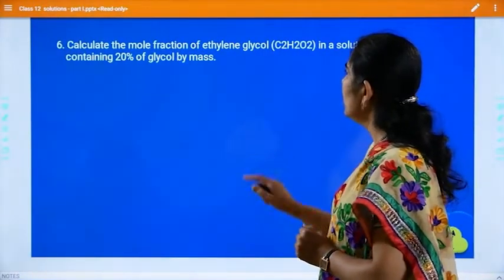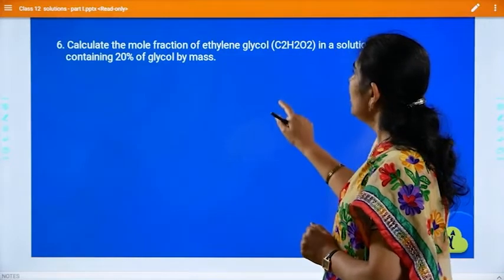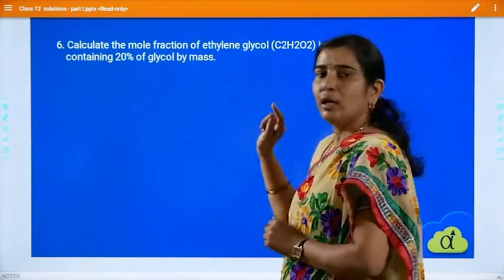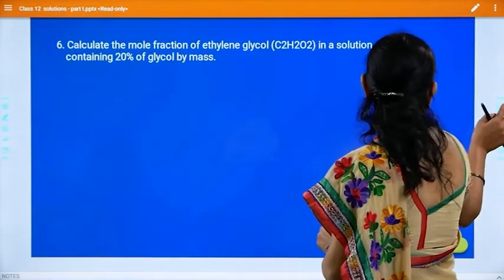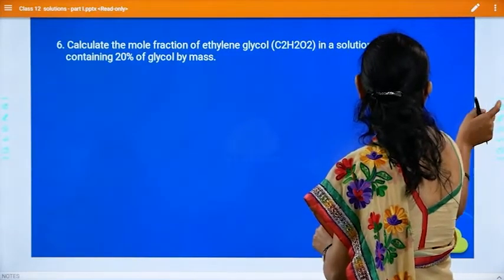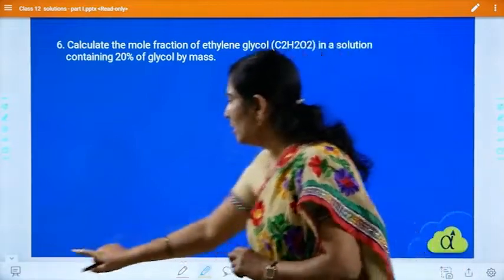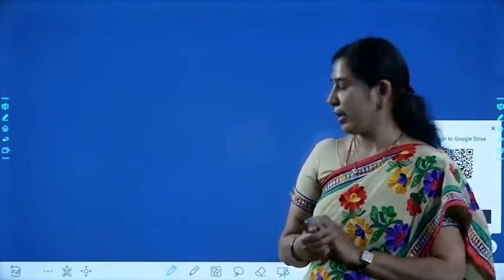The another method through which you can express the strength of the solution is mole fraction. Now I am going to take up the concept of mole fraction. What do you mean by mole fraction?